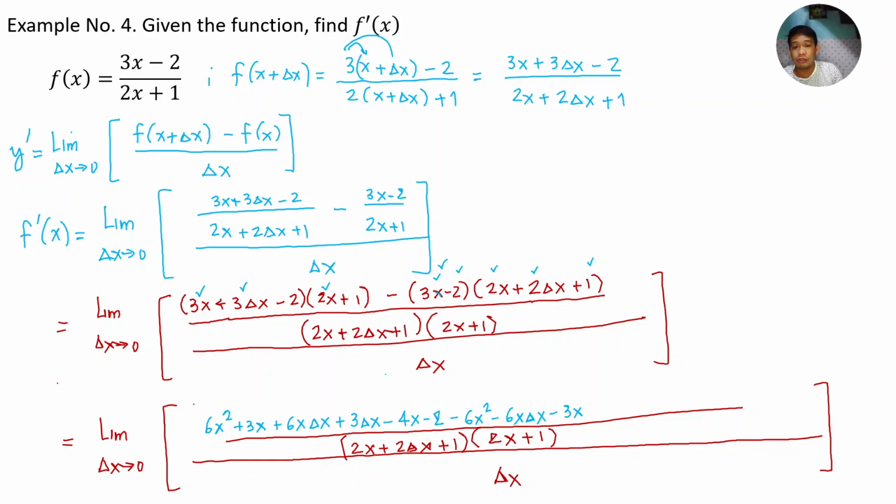Then second to first, negative 2 times 2x is negative 4x preceded by a negative is positive 4x. Then second to second term here is negative 2 times 2 delta x is negative 4 delta x preceded by negative is positive 4 delta x. And finally, negative 2 times positive 1 is negative 2 preceded by a negative is positive 2.